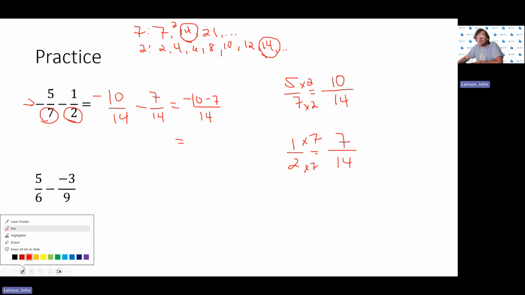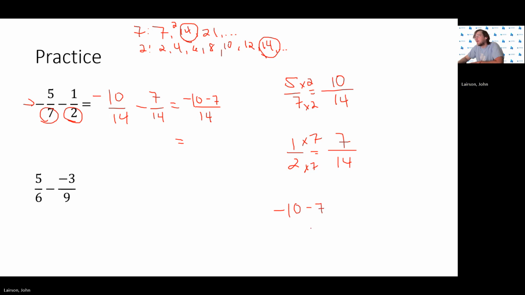And let's break this down like we did in week 1. We have negative 10 minus 7. We turn it to addition. That's how we dealt with it. We kept the first one, changed to addition, and then we used the opposite of 7, so negative 7. And then the addition rules apply, which because these are the same sign, we're going to add 10 plus 7, which is 17.